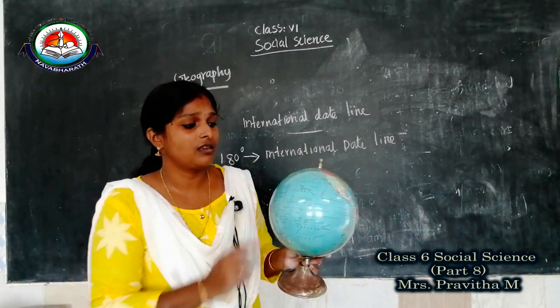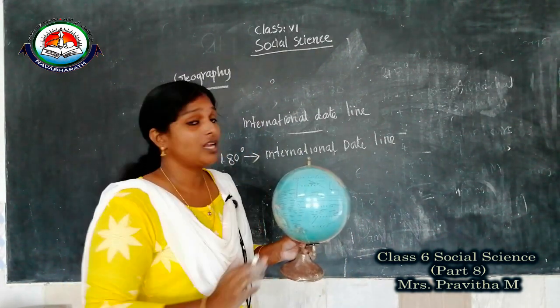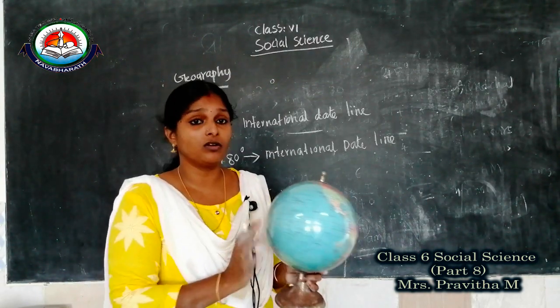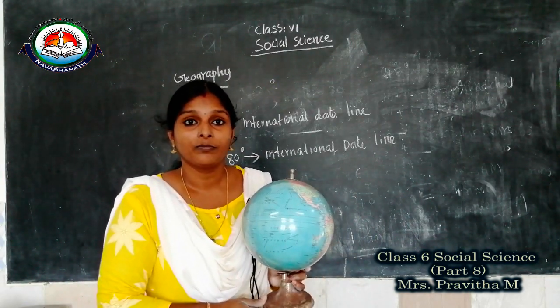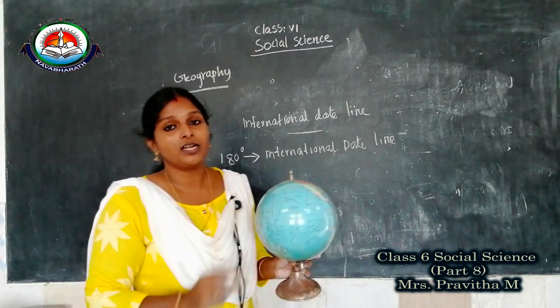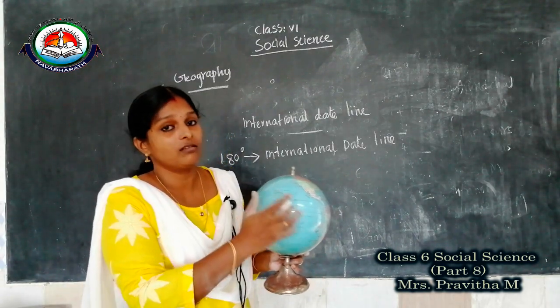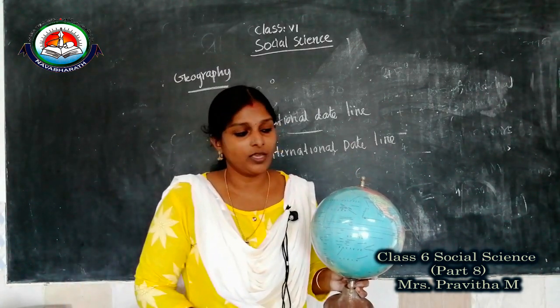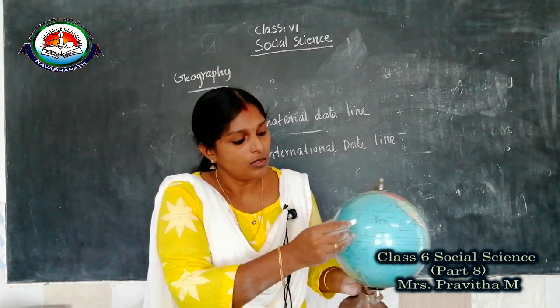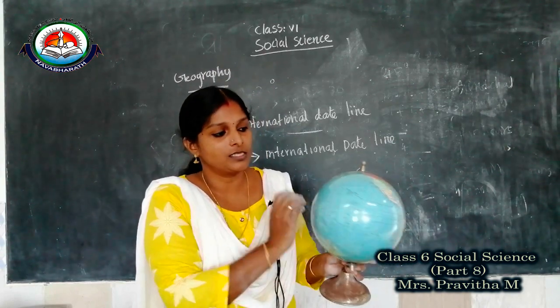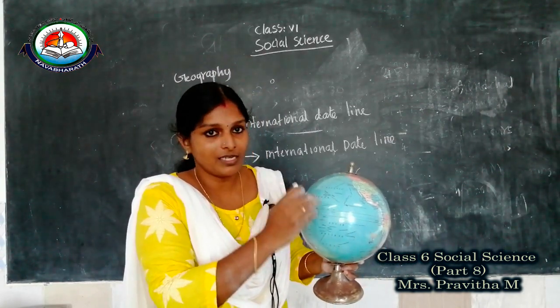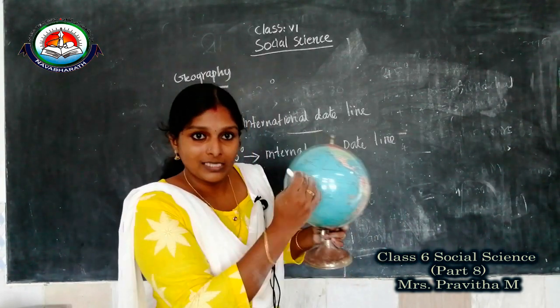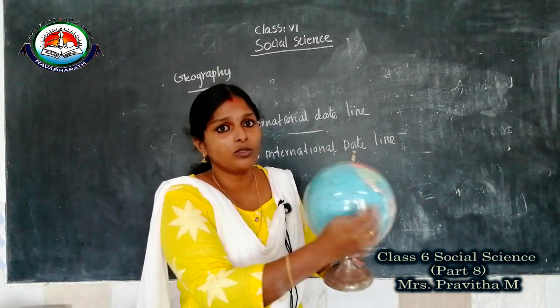Do you know why only this international dateline is not a straight line? Every other longitude is a straight line. Why? Because if we are crossing this international dateline, a 1 day time difference will be there. From the international dateline, the eastern hemisphere and western hemisphere, both will be there.